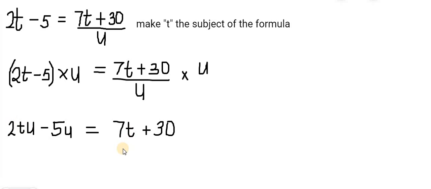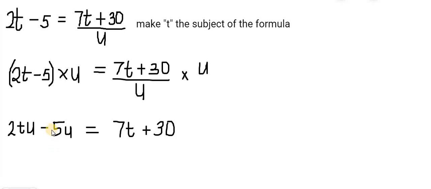Okay? So, to make t the subject of the formula, I have to get everything that's got t attached to it on one side, which is going to be the left, and I have to get everything that doesn't have a t attached to it to the right. So I'm going to start by getting rid of minus 5u from the left and getting it on the right.